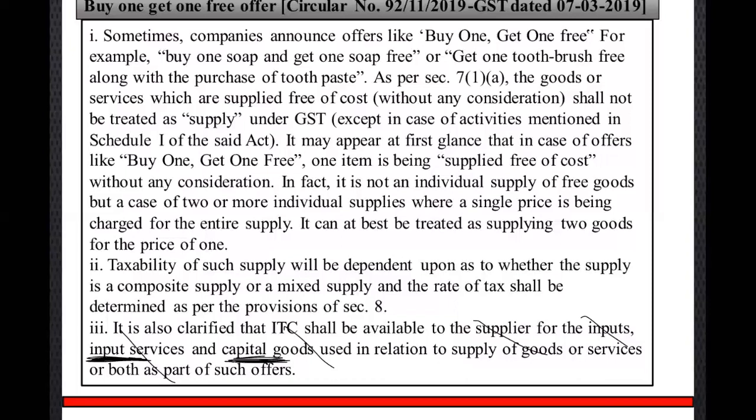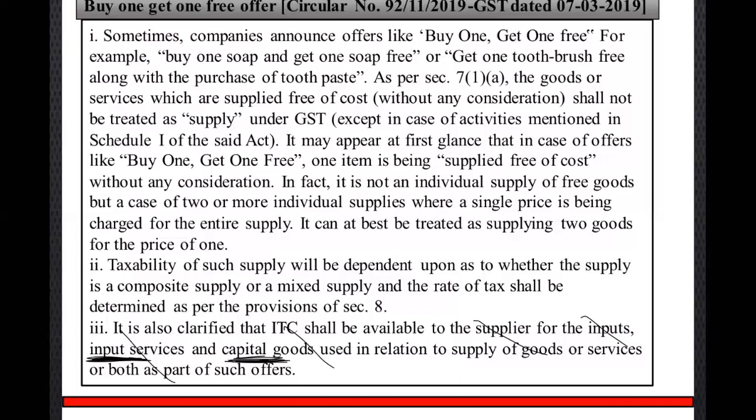So what actually they are trying to do here, because we know that we have to classify whether that supply is of goods or whether that supply is of service. Okay, and in order to identify that, we have Schedule 2, but that is of limited items. What if something more comes? If anything more comes, then you have to identify whether it is a composite supply or a mixed supply. Once you identify, then the same rate will be applicable.